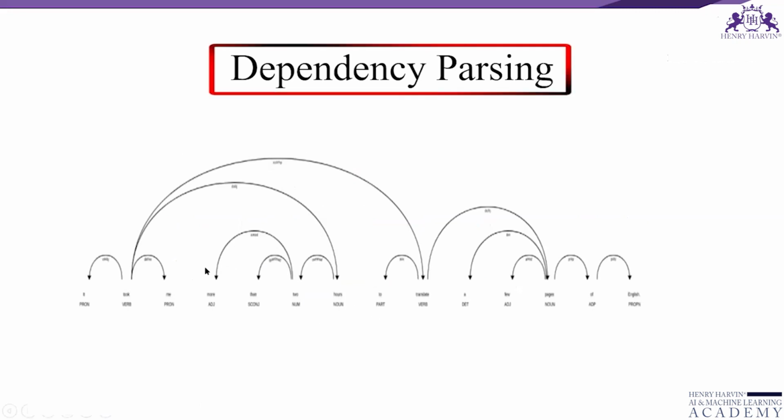The root word can act as the head of multiple words in a sentence, but it is not the child of any other word. In the same example, took has multiple outgoing arrows but none incoming, therefore it is the root word. One interesting thing about the root word is that if you start tracing the dependencies in a sentence, you can reach the root word no matter which word you start from.